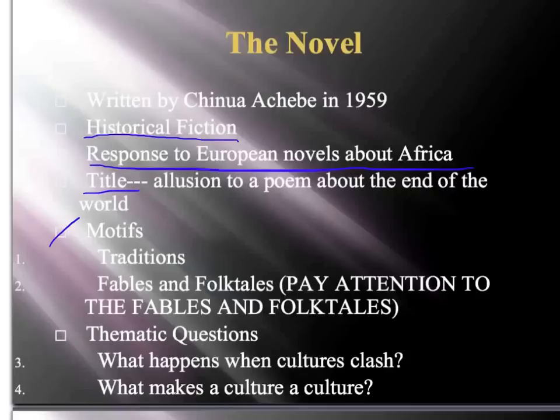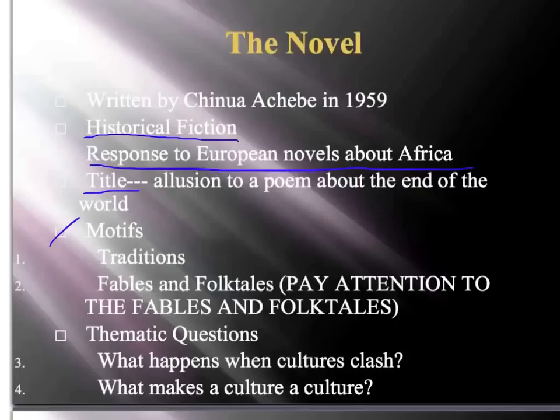So one of the ways that Achebe tries to dispel that is by talking a lot about the traditions and the culture of the Igbo. He wants to make sure that his readers understood that prior to European colonization, there was a thriving culture there with its own unique and important traditions.